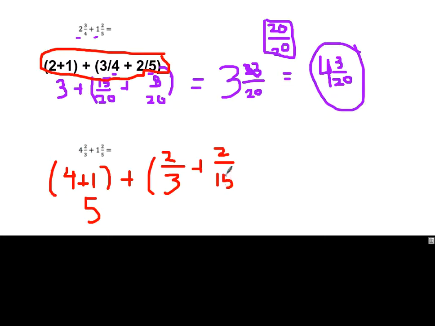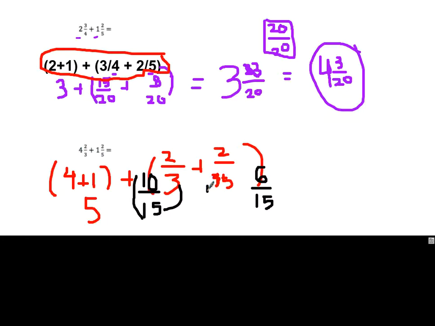I'm sorry, I'm getting one step ahead of myself here. When you get this common denominator 15, I'm multiplying this denominator by 5, so it becomes 10 15ths. And to get 5 to 15, I multiply it by 3, so that becomes 6 15ths.